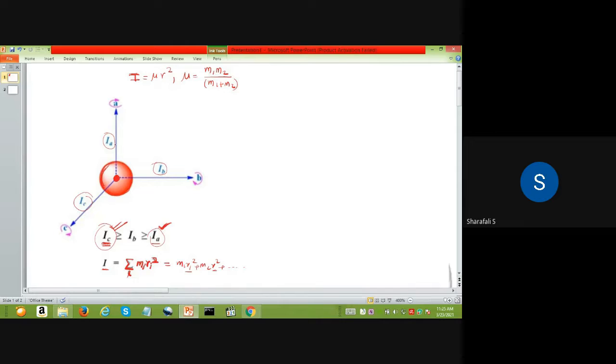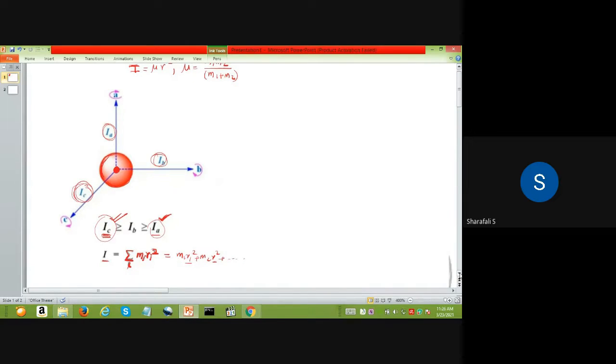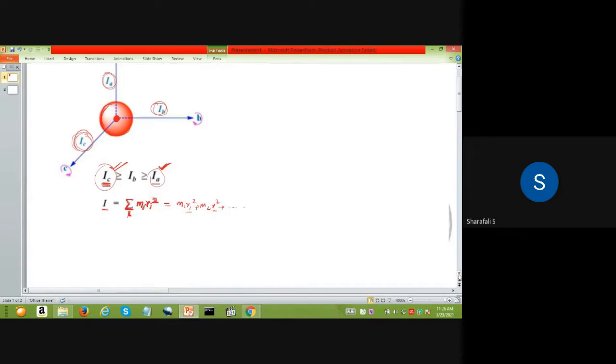In the conventional way, we represent IC as the maximum moment of inertia, IA as the minimum, and IB in between IC and IA. And for different molecular symmetry, we have different moments of inertia along these axes. Now, depending on these values of IA, IB, and IC, we will have different classes of molecules. Molecules are classified on the basis of that.